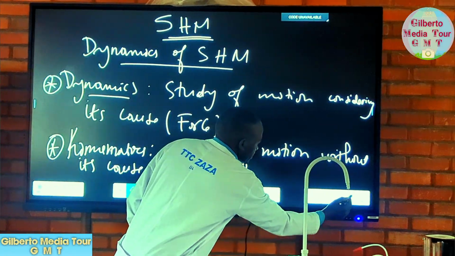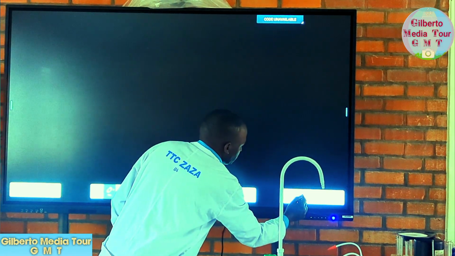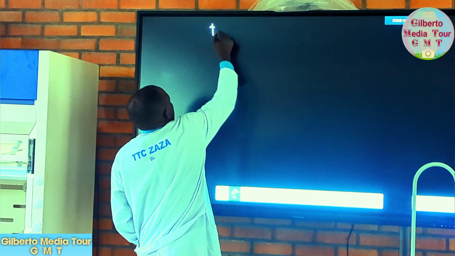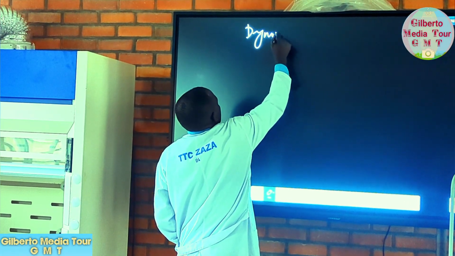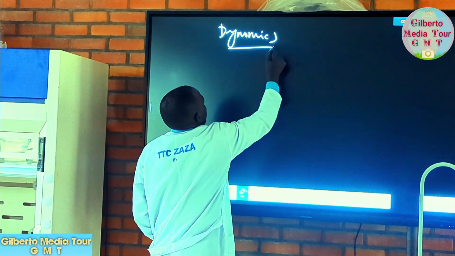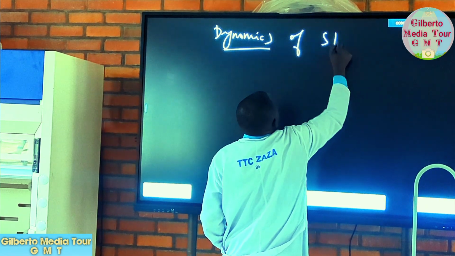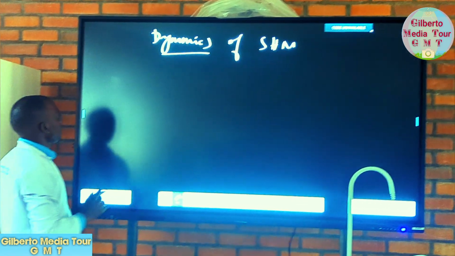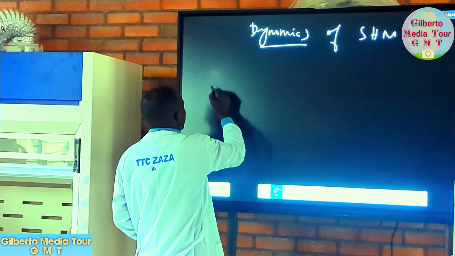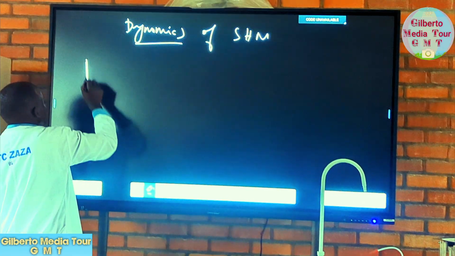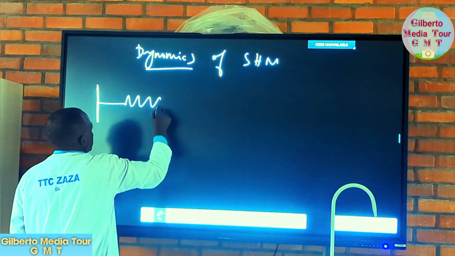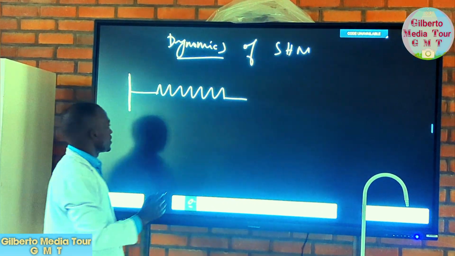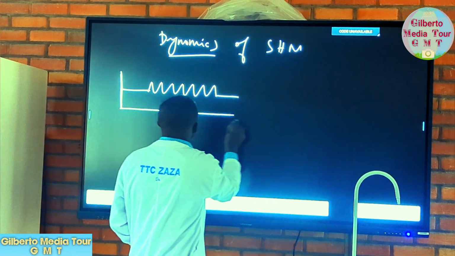So let's go ahead and start with the dynamics of SHM. We are going to deal with force. Remember, in simple harmonic motion, there is a spring. This spring can have mass. Assume there is a table.